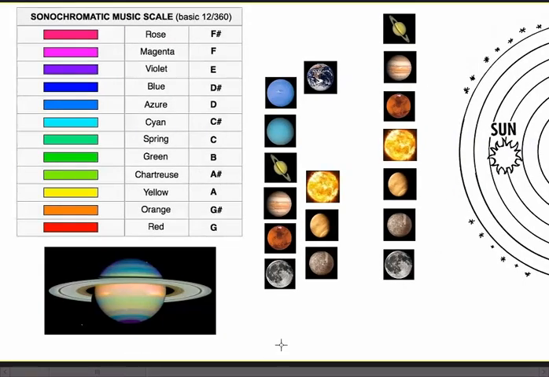Moving on down here, we have the planets arranged in the solar system, moving outward in order, in sequence.